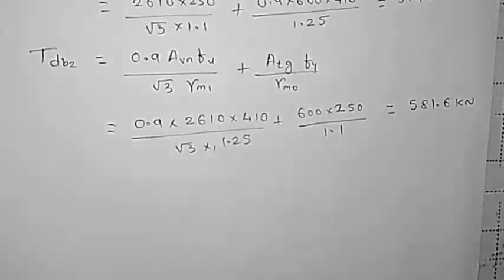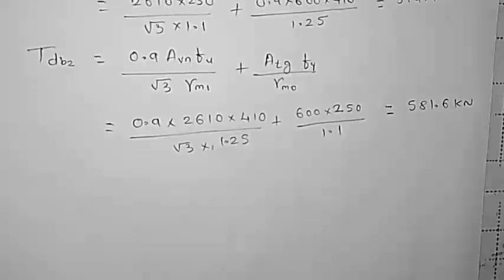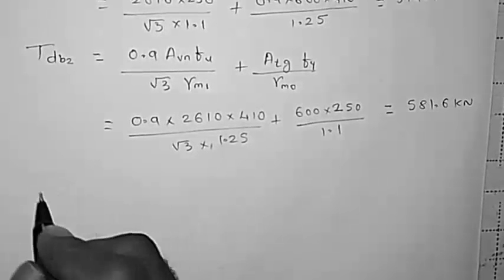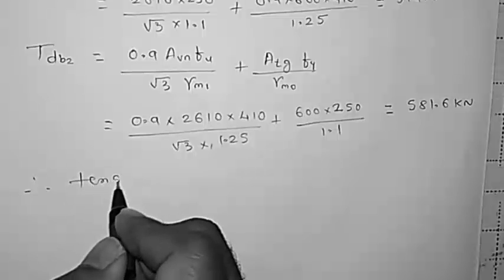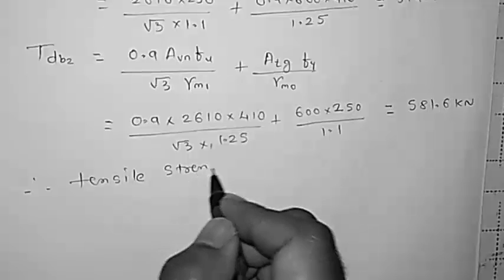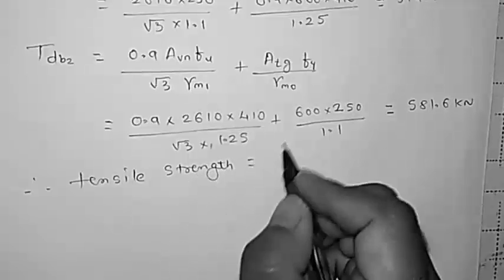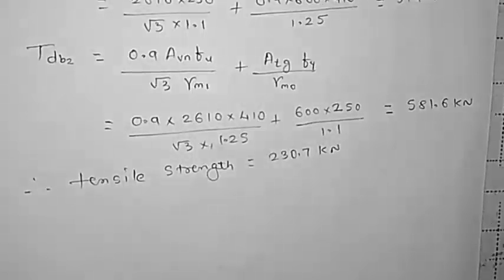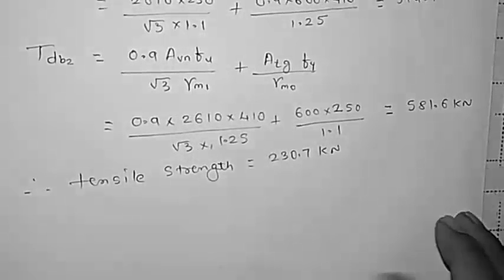Out of all the strength, whichever is the minimum one that is to be considered as a tensile strength provided. So therefore tensile strength is equals to 230.7 kilonewton out of all the strength we have calculated.